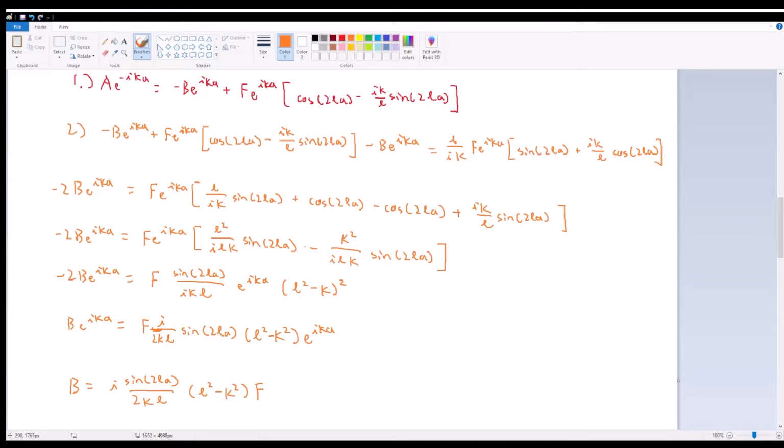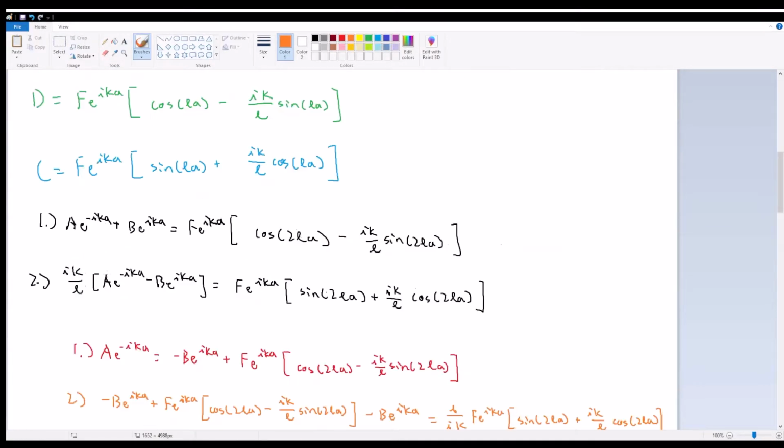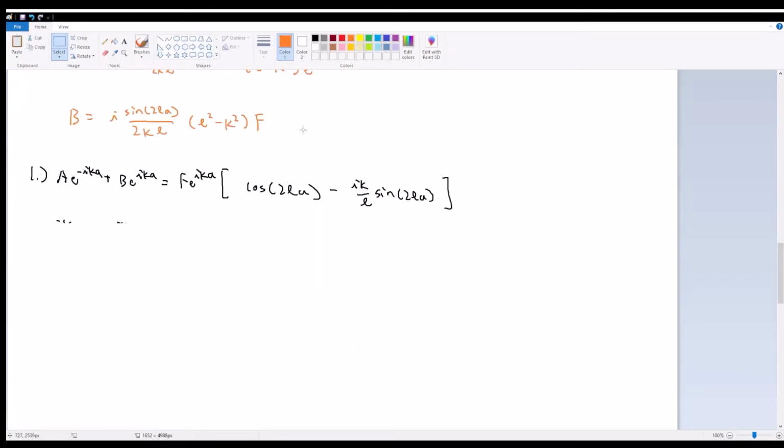Now let's move on to F. So now that we know what B is, we plug this back into expression 1. And let's write this in green. So we have then A times e to the negative ika plus i sine 2la over 2kl, l squared minus k squared, f e to the ika is equal to f e to the ika times cosine 2la minus ik over l sine 2la.